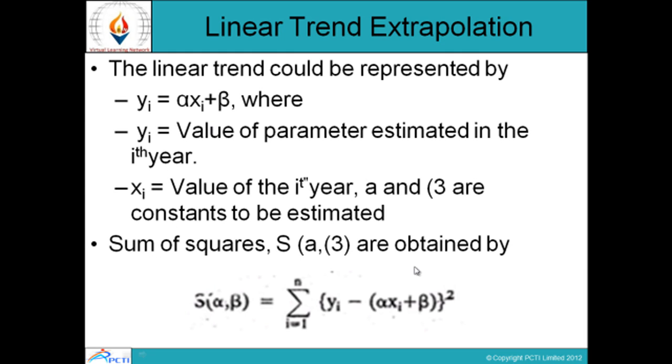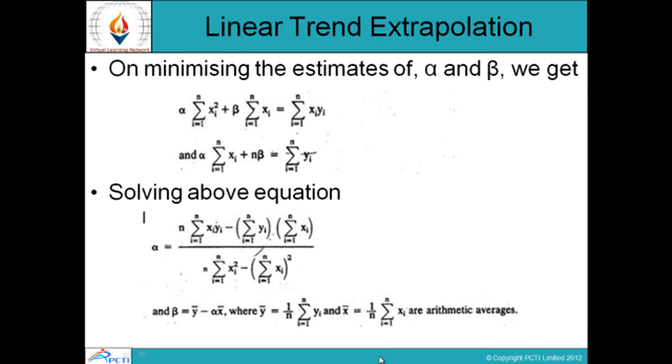Then the main formula for calculating the sum of squares, S(alpha, beta), is equal to the sum from i equals 1 to n of (yi minus (alpha xi plus beta)) squared. This is the sum of squares formula.